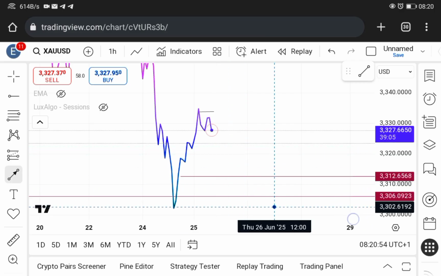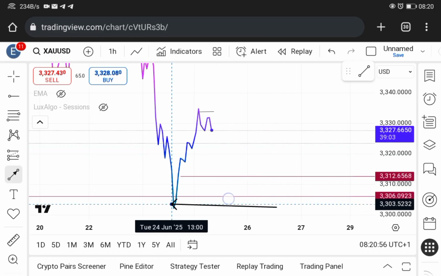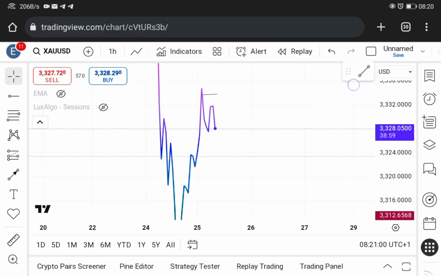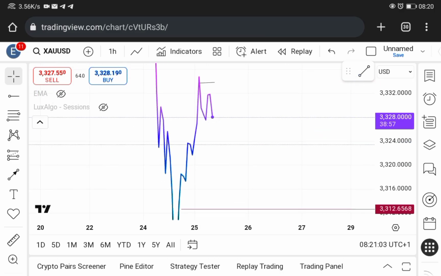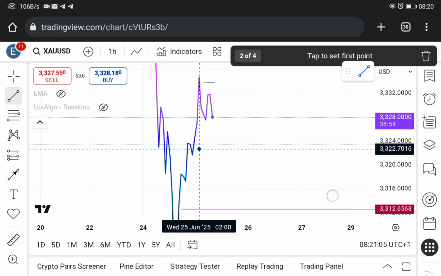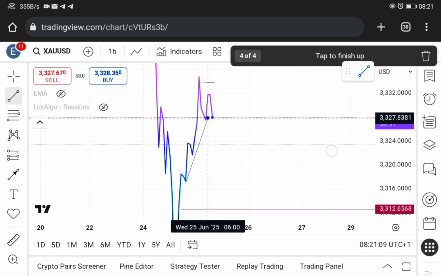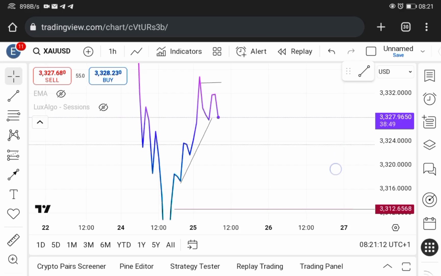I was expecting a buy from here, but the market did not retest. Then this morning when I got up, I saw that this market has been trending up without retesting.